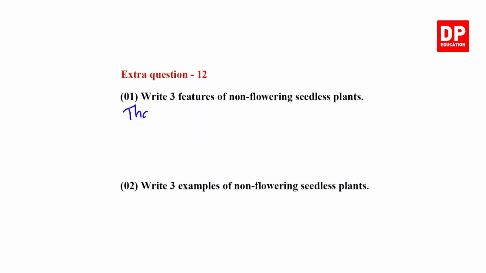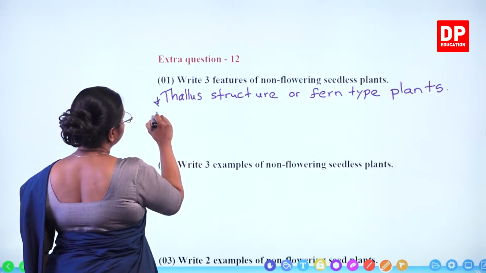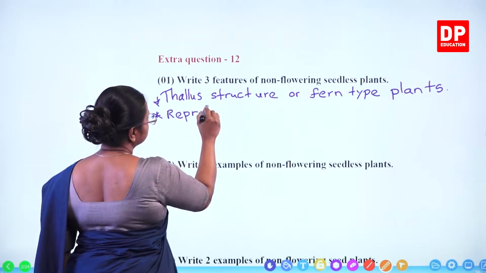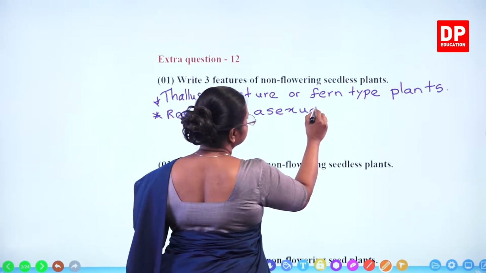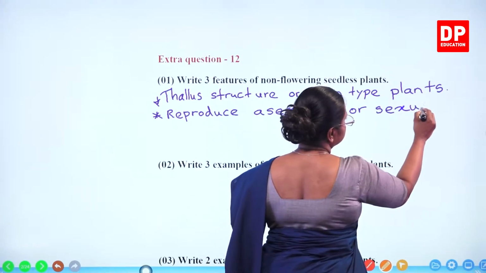So, thallus structure, or fern type plants, then another feature, reproduce asexually or sexually.